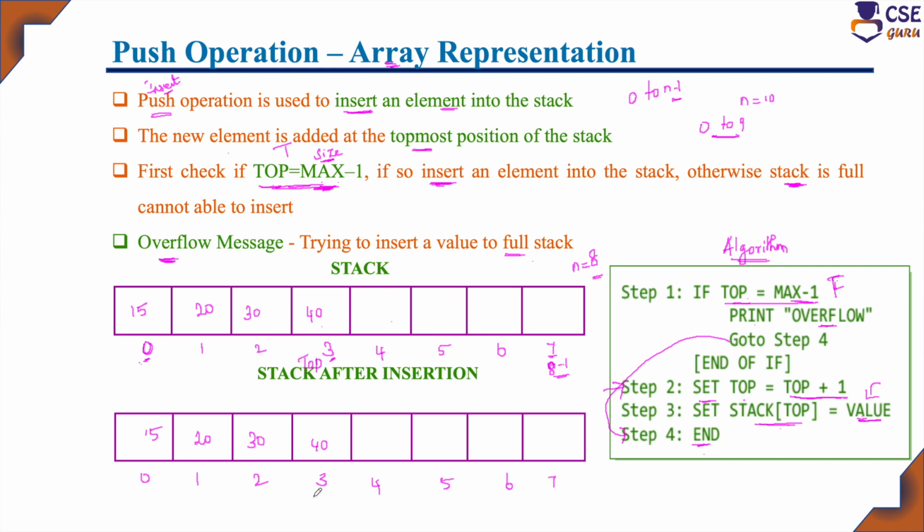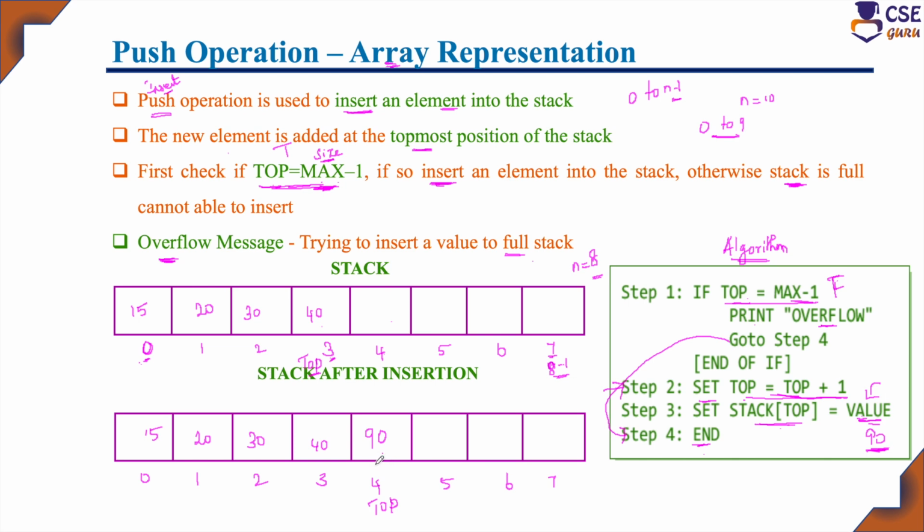Now top is pointing to the third memory location. Suppose I want to place the value 90. Increment the top position by 1: top is equal to top plus 1. Top is 3, 3 plus 1 goes to 4. Now the top position points to 4, and the value you want to place is 90. So 90 is placed in the next memory location. Now element 90 is placed here. This is called the push operation in stack.